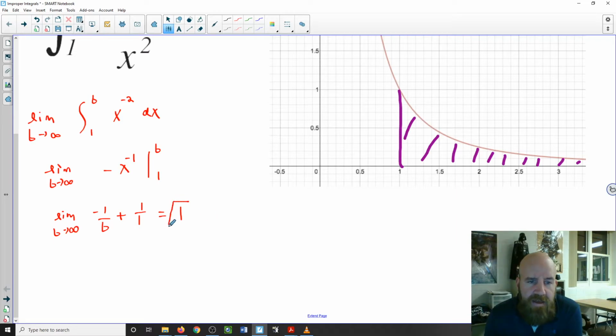The fact that we get a finite answer means that this does indeed have an area under the curve, and we call this convergent. If we get a finite value, it's convergent.